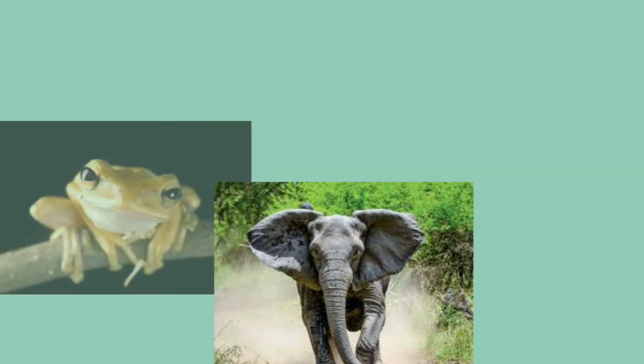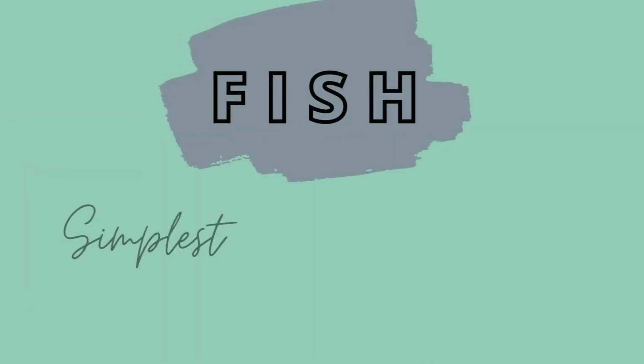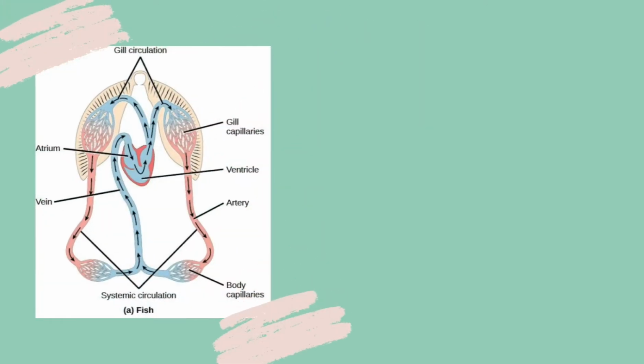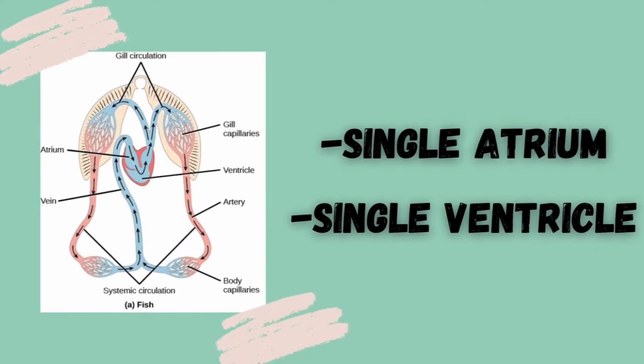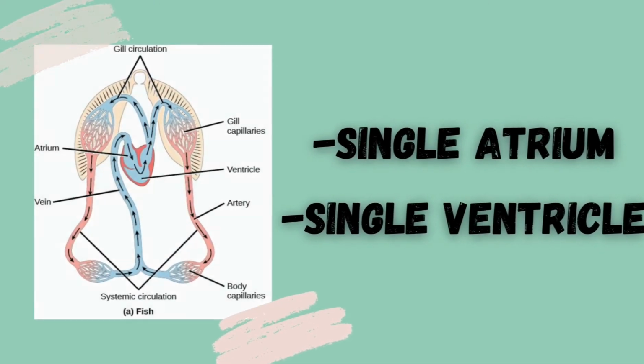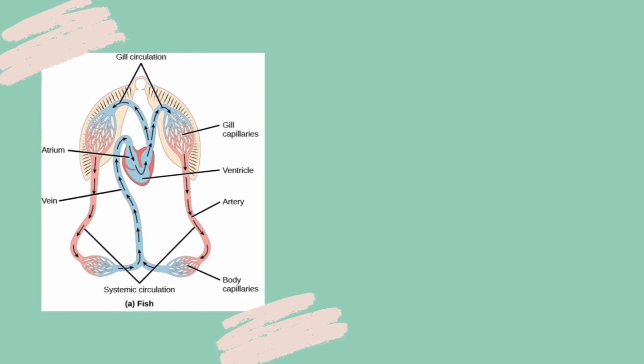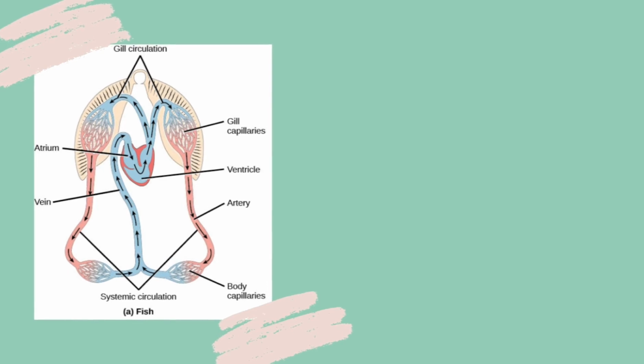Among all the vertebrates, fish have the simplest circulatory systems. As illustrated in this figure, fish have a single circuit for blood flow and a two-chambered heart that has only a single atrium and a single ventricle. The atrium collects blood that has returned from the body, and the ventricle pumps the blood to the gills, where gas exchange occurs and the blood is reoxygenated.